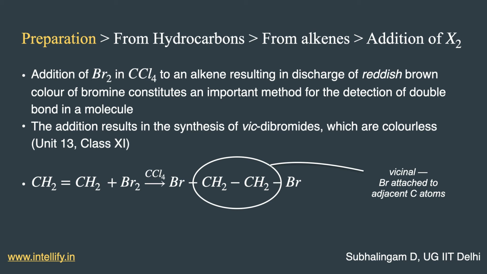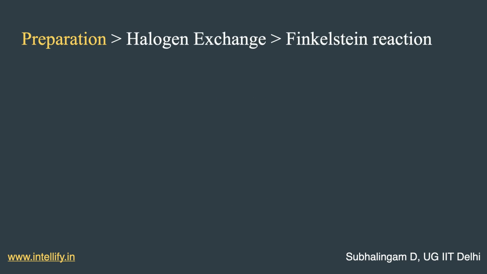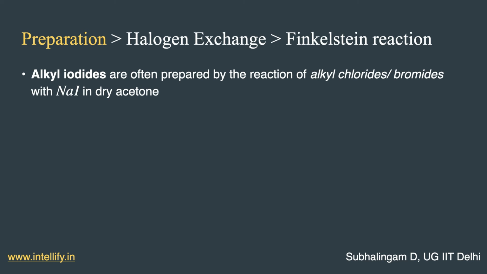So we have come to the end of preparation via hydrocarbons. Next in line is halogen exchange, that's the last method. First among them is the Finkelstein reaction, that is specific for preparation of alkyl iodides, which are prepared by treating alkyl chlorides or alkyl bromides with sodium iodide in acetone.